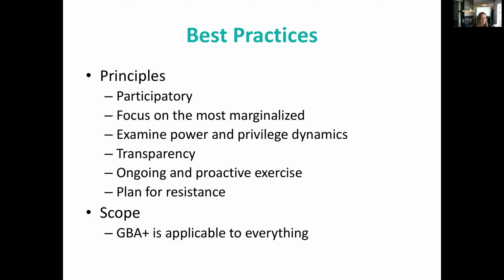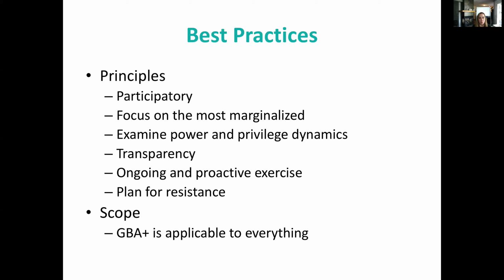So GBA Plus needs to be integrated in all decisions and in all impact assessment steps. Create measurable goals and targets. GBA Plus should be applied to every decision made to understand how it impacts diverse people. And plan for resistance. So establish procedures to guide you when you experience resistance in the project or from the local community.